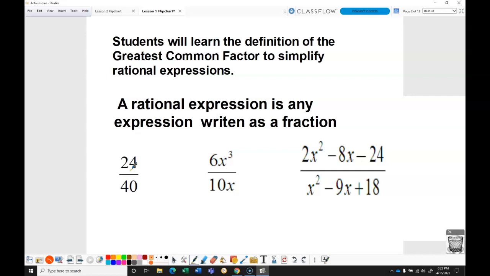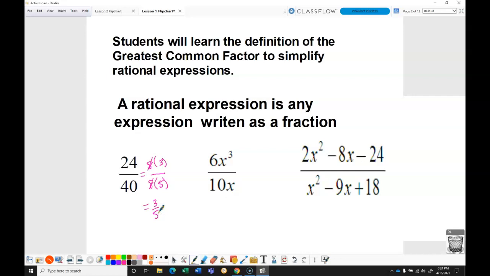It's actually 8. So I'm going to factor out an 8. Basically, I'm going to write 8 times 3 is 24, and 8 times 5 is 40. So once I have a match for the top and bottom of something I'm multiplying by, then I can cancel them out. So this is actually 3/5.